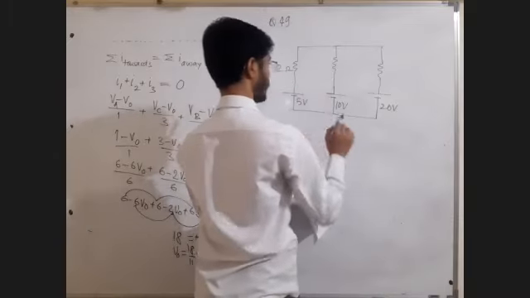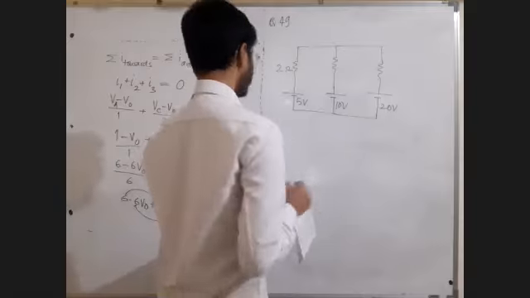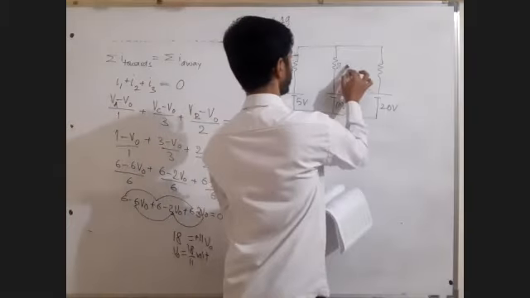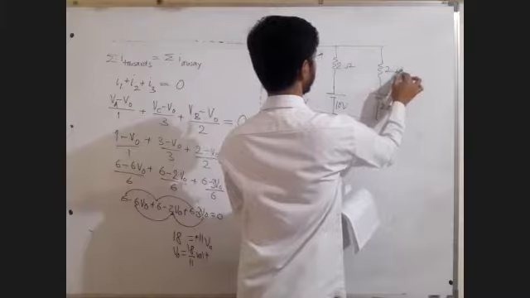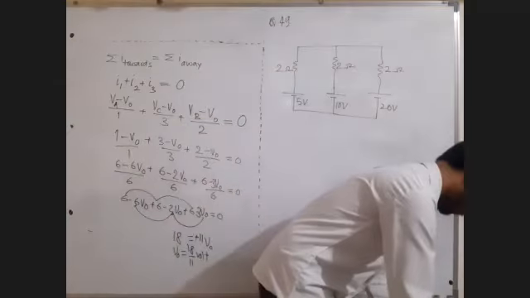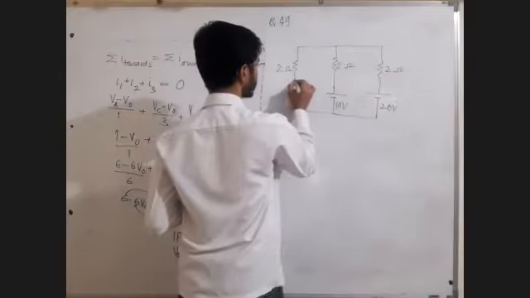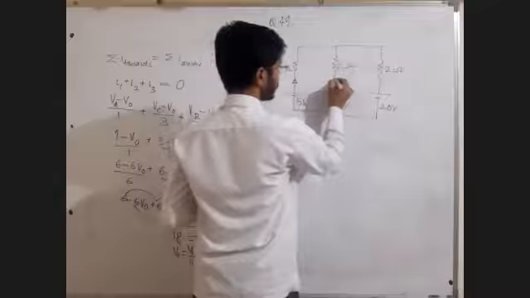Let us for time being, or let us not. I'm not going to assume any direction of current. You people are going to assume the direction of currents and the current allocation, whatever that you want.